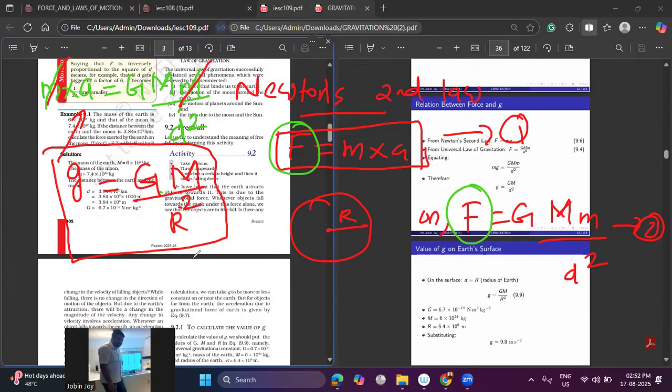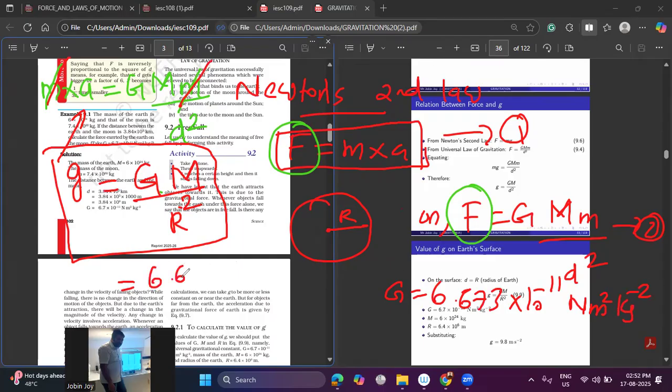And we know the value of G is 6.673 into 10 raised to minus 11 Newton meter square kilogram raised to minus 2.